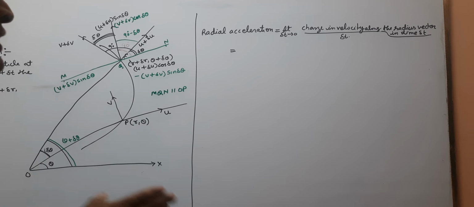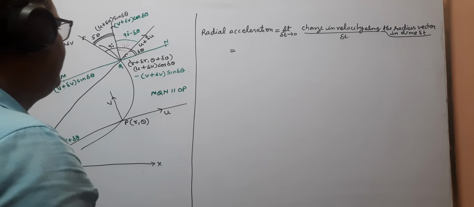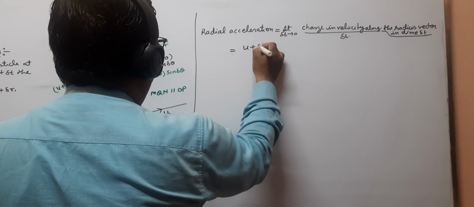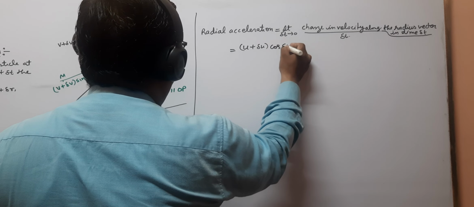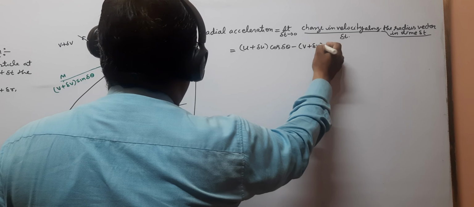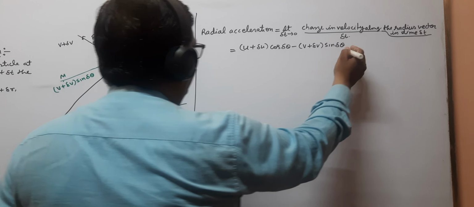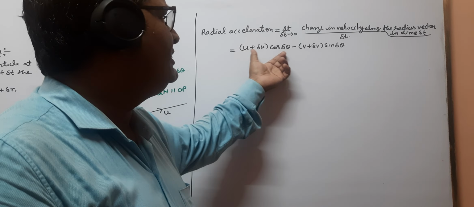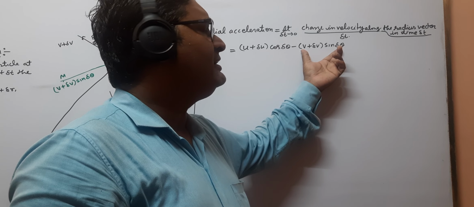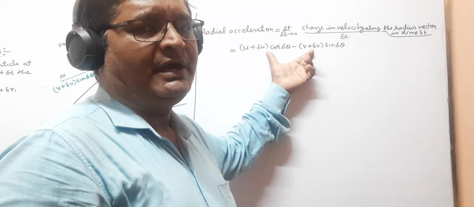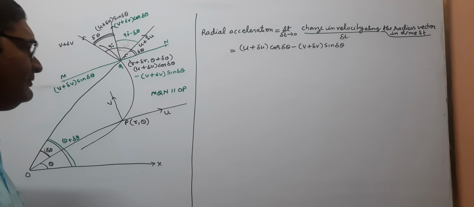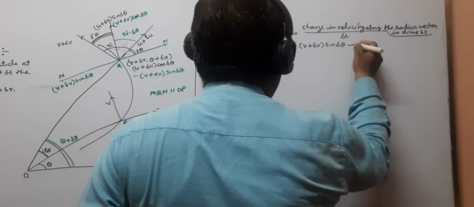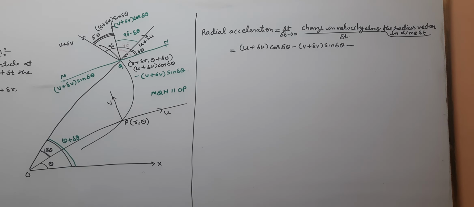Final velocity along the radius vector at q point is equal to u plus del u cos del theta minus v plus del v sin del theta, minus initial velocity at p point along the radius vector.